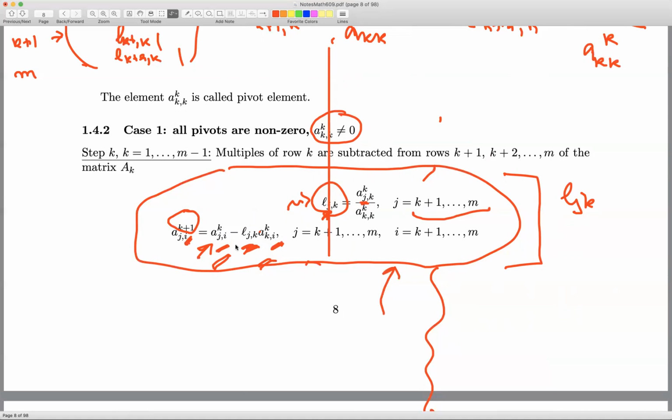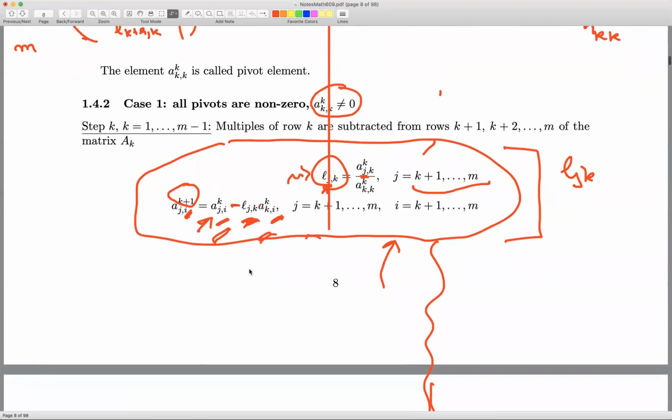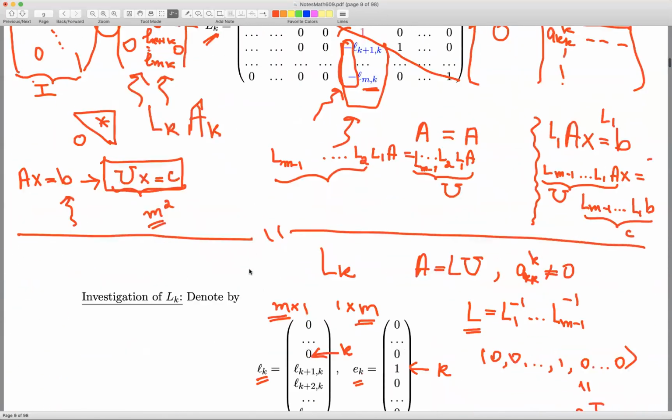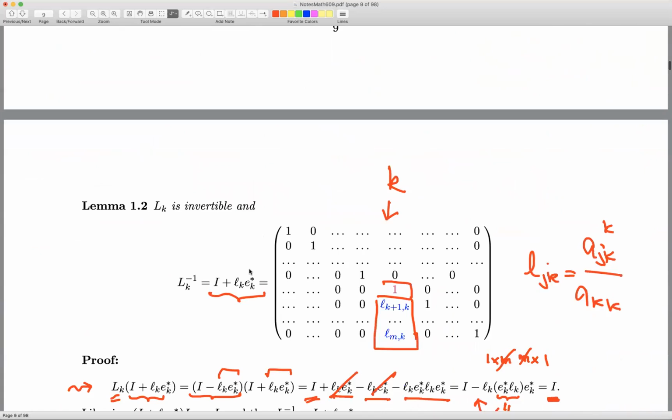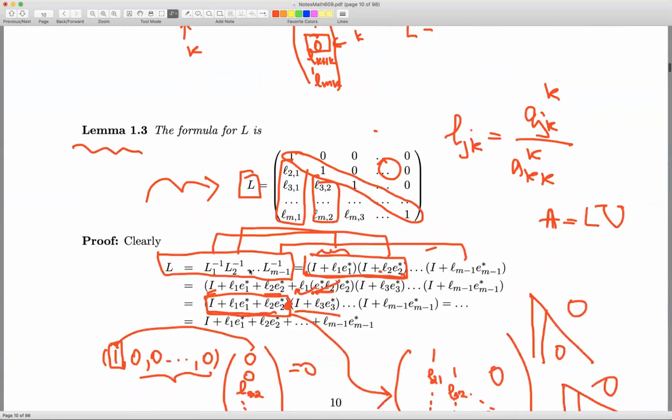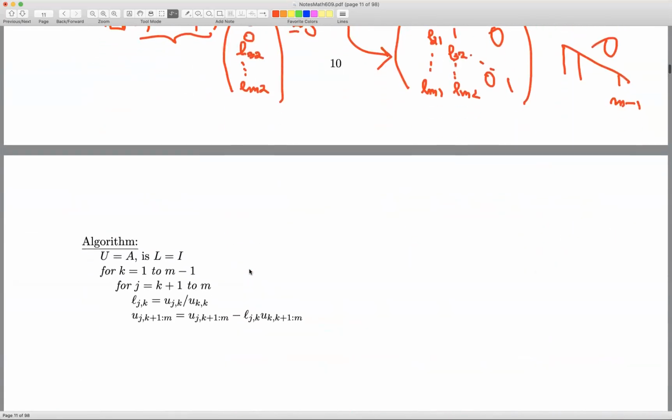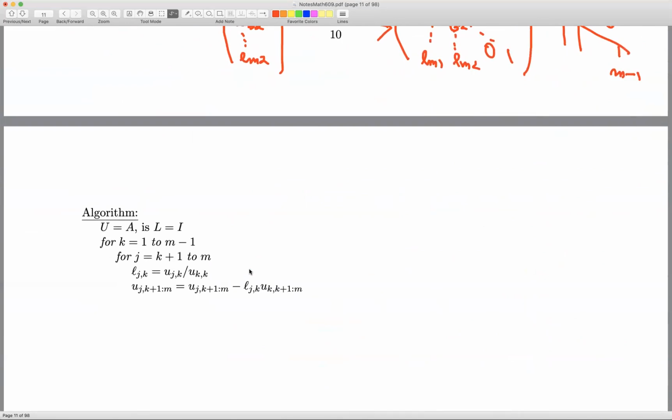And this is the actually multiply this number with a negative sign and then add it to the k plus first row, and so on to the mth row. And these two rows are programmed in here in some sort of a semi-code, as an algorithm without any use of any particular language.